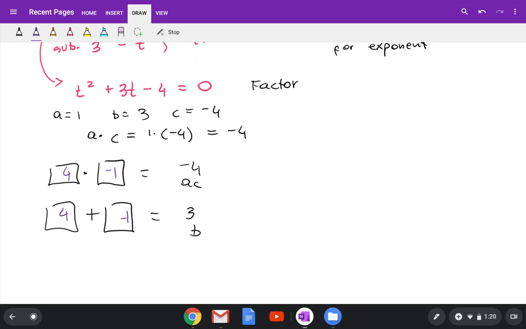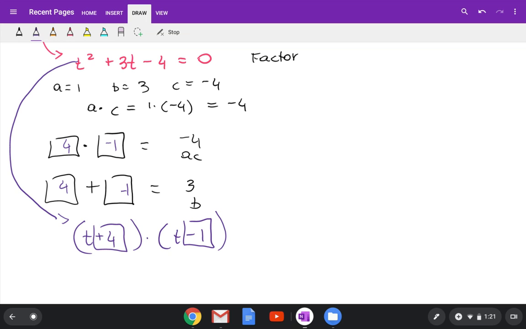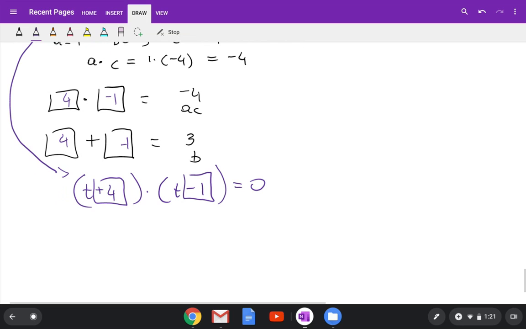So now we're going to rewrite t squared plus 3t minus 4 as t plus 4, that was the first integer, times t minus 1, that was the second integer, which we find by using the AC method of factoring quadratics, equals 0. So we're solving two equations: t plus 4 equals 0 and t minus 1 equals 0.